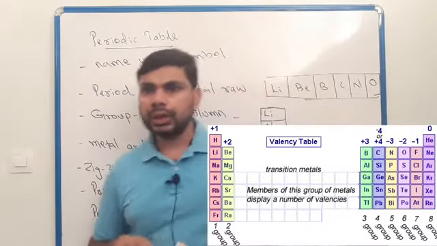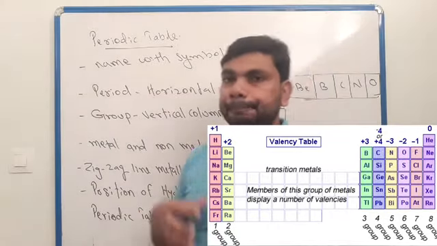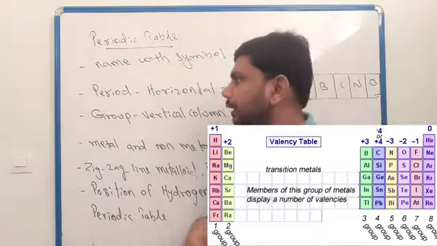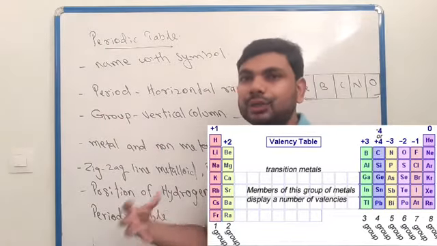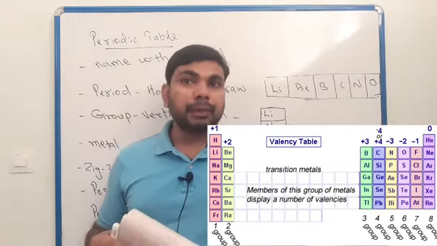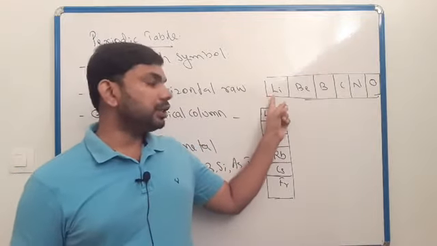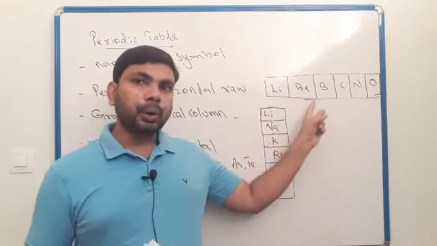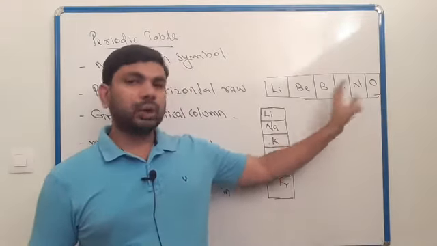Here we have to understand period and group. In the periodic table we can see periods and groups. Period means the horizontal rows in the periodic table. You can see elements like lithium, beryllium, boron, carbon, nitrogen, oxygen, fluorine, neon.